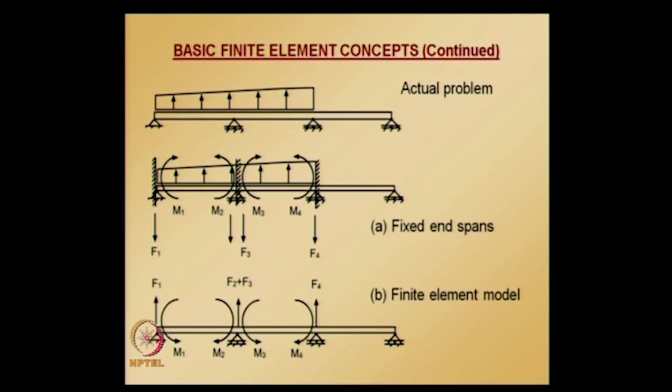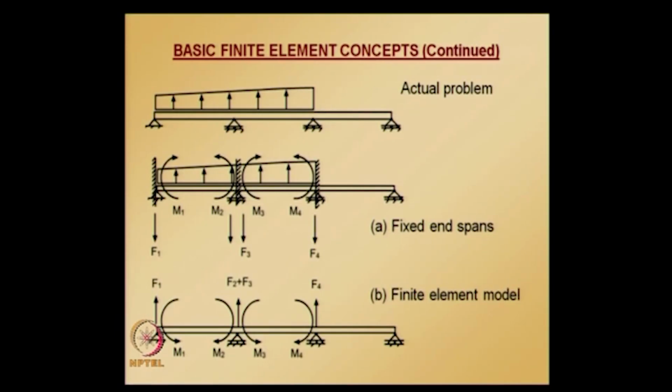I showed you the displacement, bending moment and shear equation solutions. Similar solutions you can obtain from any standard or elementary mechanics of material books, and using those values you can find the fixed end moments and shear in each of the spans.